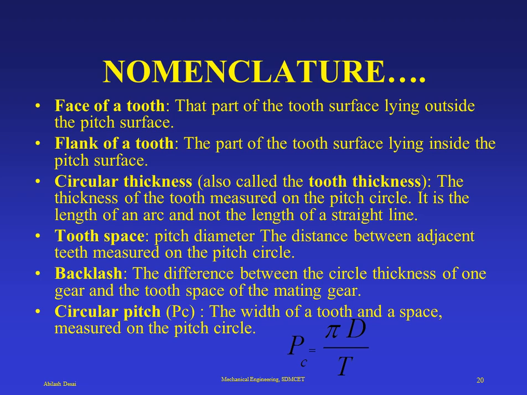Then tooth space is the distance between adjacent teeth measured on the pitch circle. And backlash, as we just saw, is the difference between the circular thickness of one gear and the tooth space of the mating gear. Circular pitch can also be calculated, that is nothing but the width of the tooth and the space measured on the pitch circle, that is pi d divided by t.